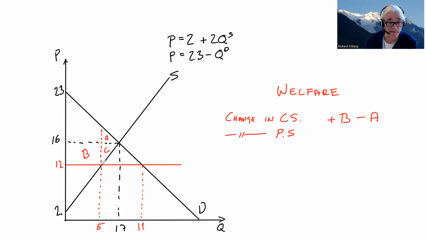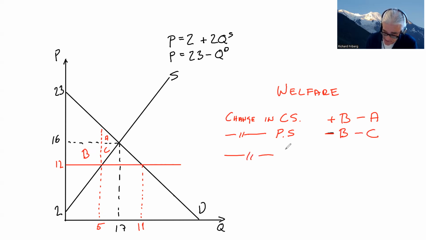It's a smaller triangle, which means that producer surplus decreases by, let's do that in red again, minus B minus C.